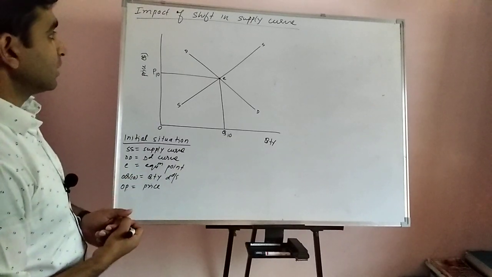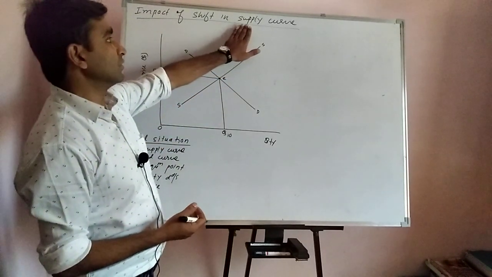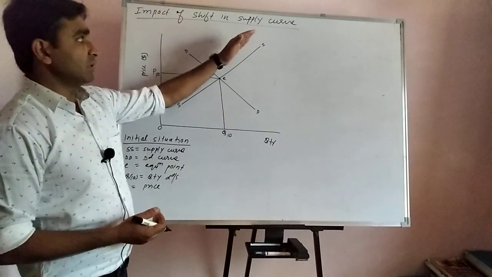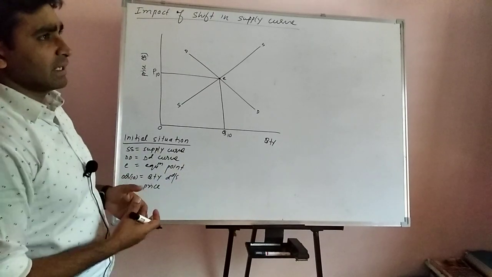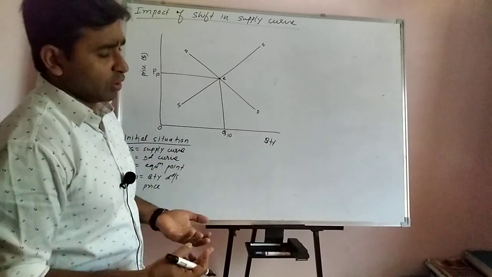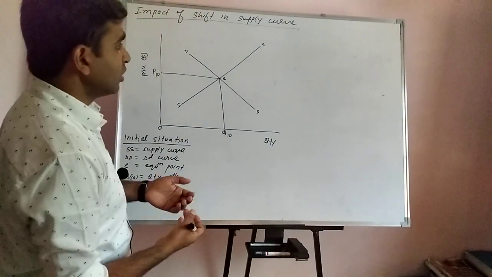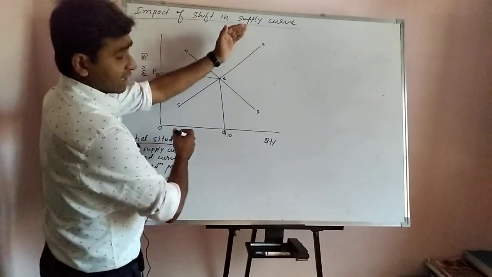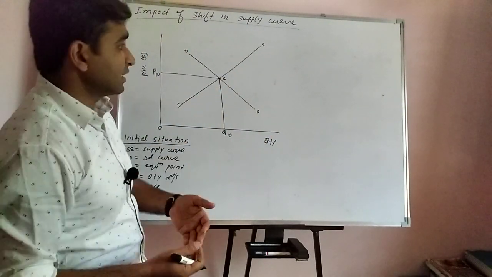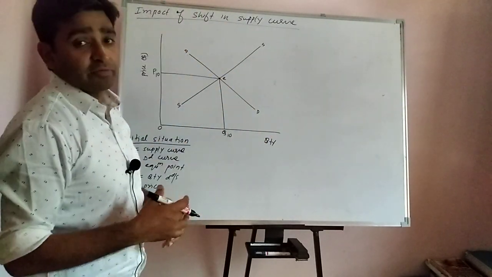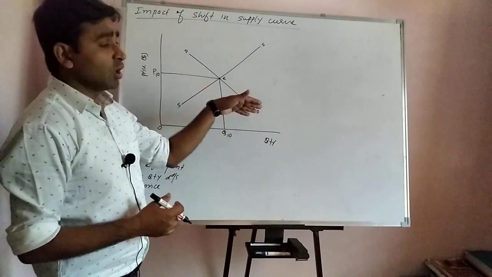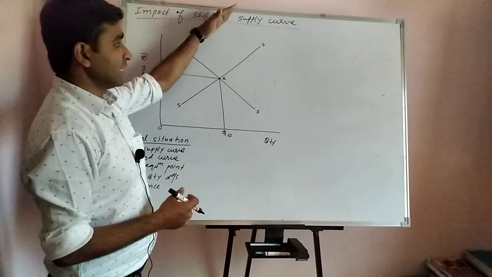Now we are talking about the shift in the supply curve. If due to any cause a producer wants to produce more, the supply curve shifts to the right. Right means towards this side. And if the producers supply less, the supply curve shifts to the left. Now in which situation do suppliers supply more or less?